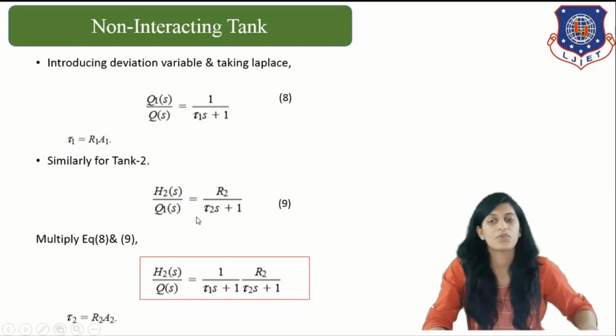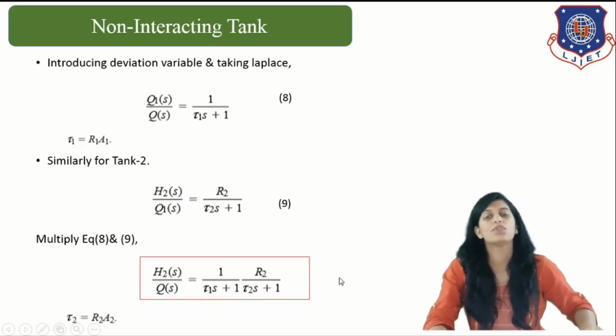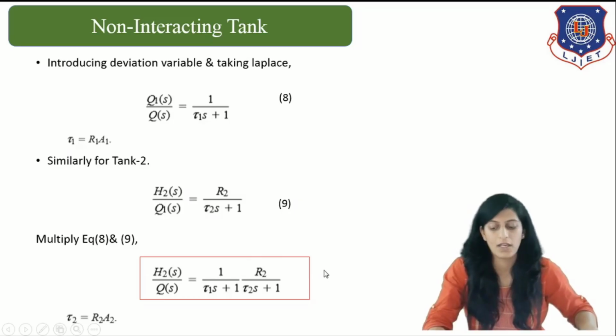Now we simply need to multiply both the equations and we get our desired result, that is H2 by Q equals 1 upon (tau1 s plus 1) into R2 upon (tau2 s plus 1). So this is our desired result for the non-interacting system.